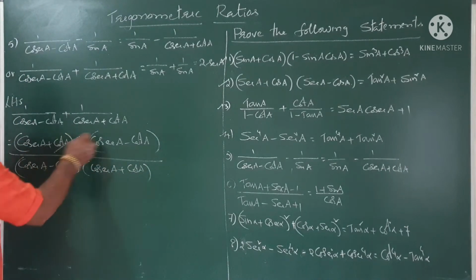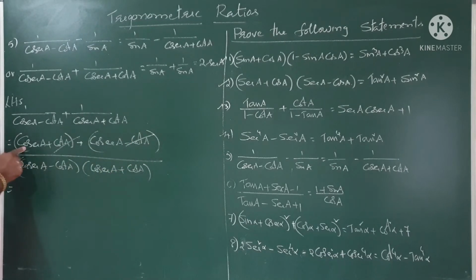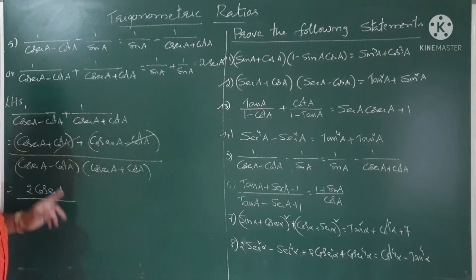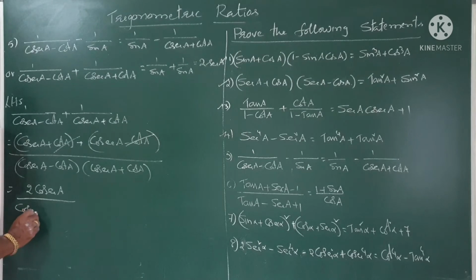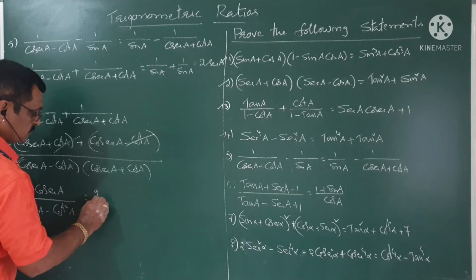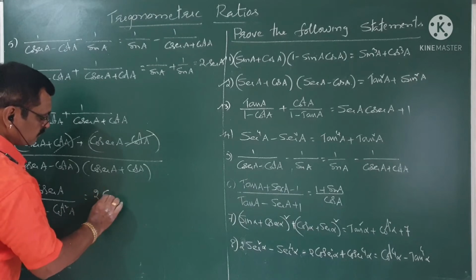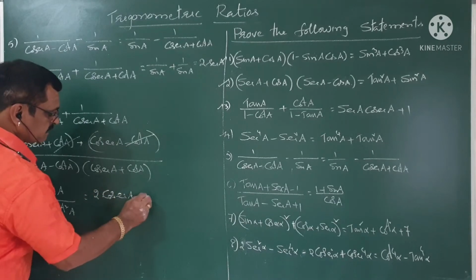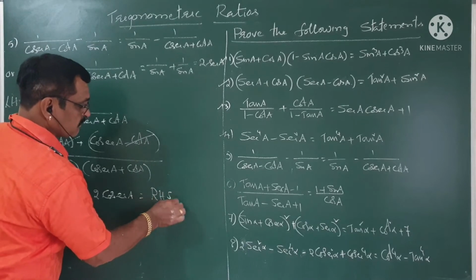So here I can cancel these two. I got cosecant a plus cosecant a, 2 cosecant a, by cosecant a minus cot a into cosecant a plus cot a. Using a minus b into a plus b, we have a square minus b square. And of course, cosecant square a minus cot square a is equal to 1. We have the identity. So we have 2 cosecant a, which is equal to the right hand side.